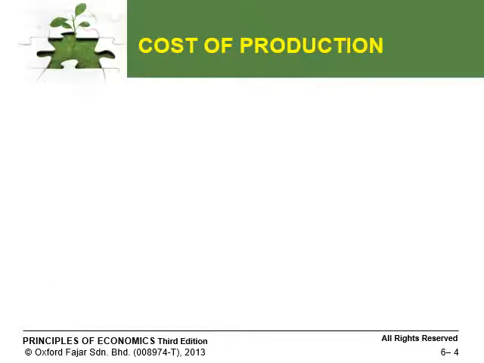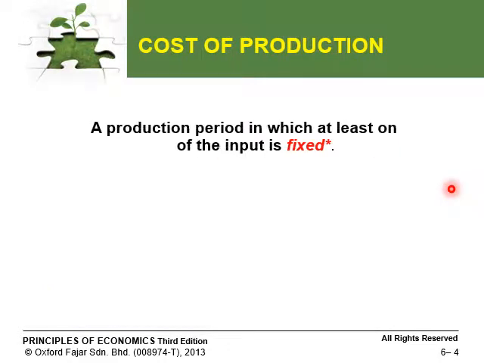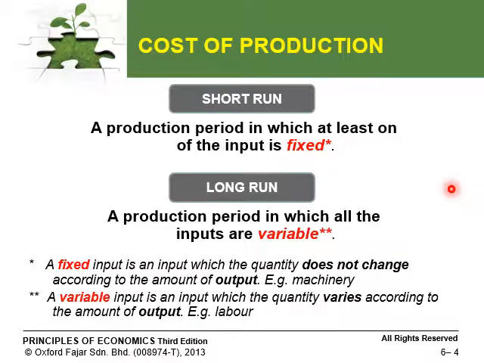Okay, class, please be aware that in production, the short run is always associated with two types of input, which are fixed input and variable input. When we talk about fixed input and variable input, it is also associated with fixed cost and variable cost, right?